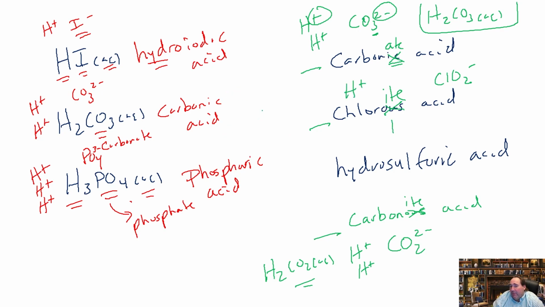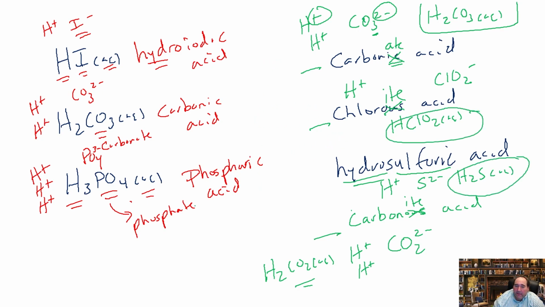So putting those together, we just need one of each, HClO2 in this case. Hydro tells me that it does not contain oxygen. So that's an H plus, and sulfuric means that it should be S2 minus. And then we would balance that out and make it H2S in this case.